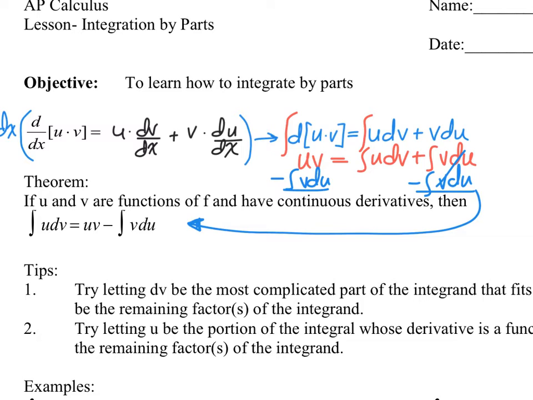All right, so a question that you might have is, why not solve it for v du? You could. The person who created this formula opted to solve for the integral of u dv. Why not solve for uv? Why not just leave it alone? Well, that would imply that you already knew what the antiderivatives were, so that could be trickier.